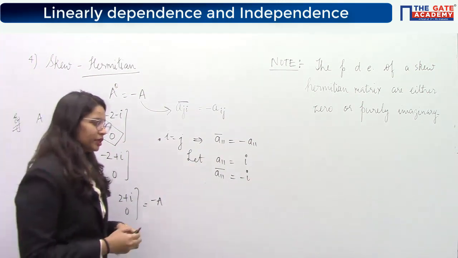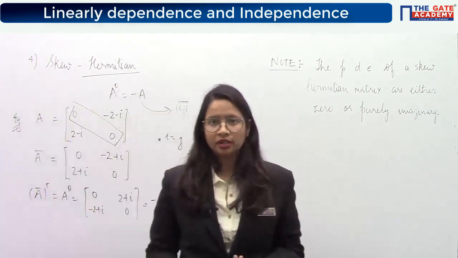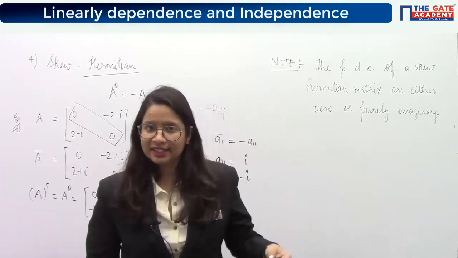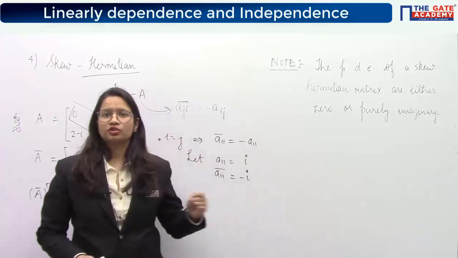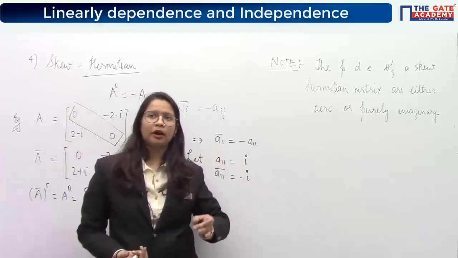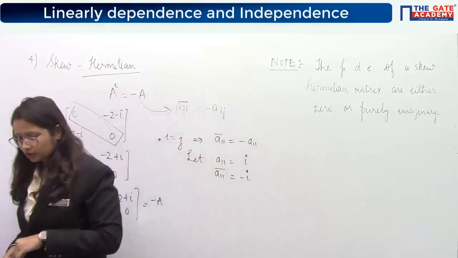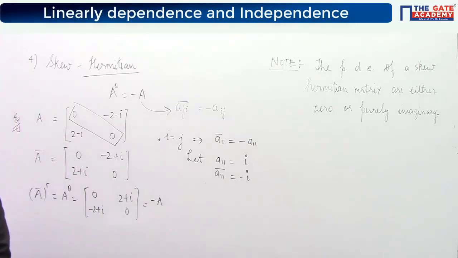There are two terms, imaginary number and purely imaginary number. Imaginary number is having a real part, but purely imaginary number is such a number which is not having a real part. Its real part is 0. So that's what I was trying to convey to you.